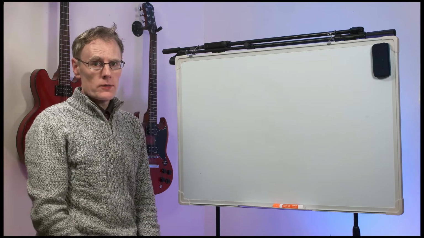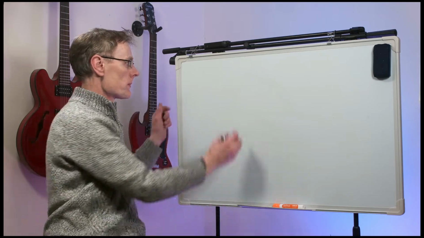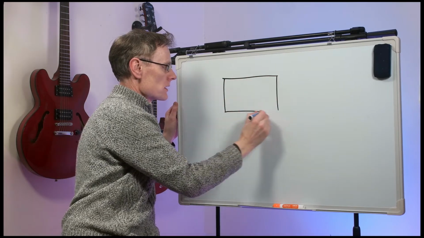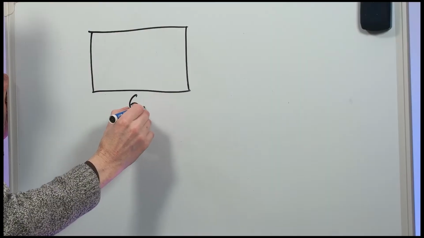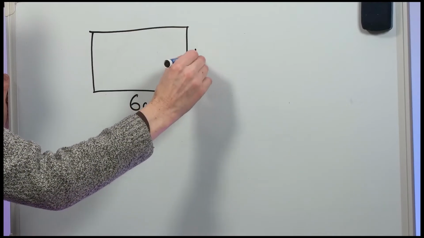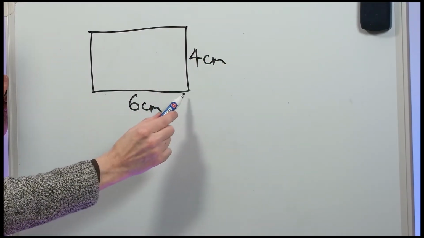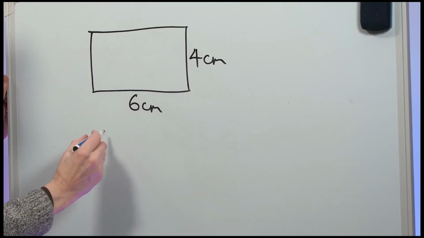So let's see how to work out the perimeter of a rectangle. So let's say this rectangle is 6 centimeters wide and 4 centimeters high. So the perimeter is the total length around the edge.